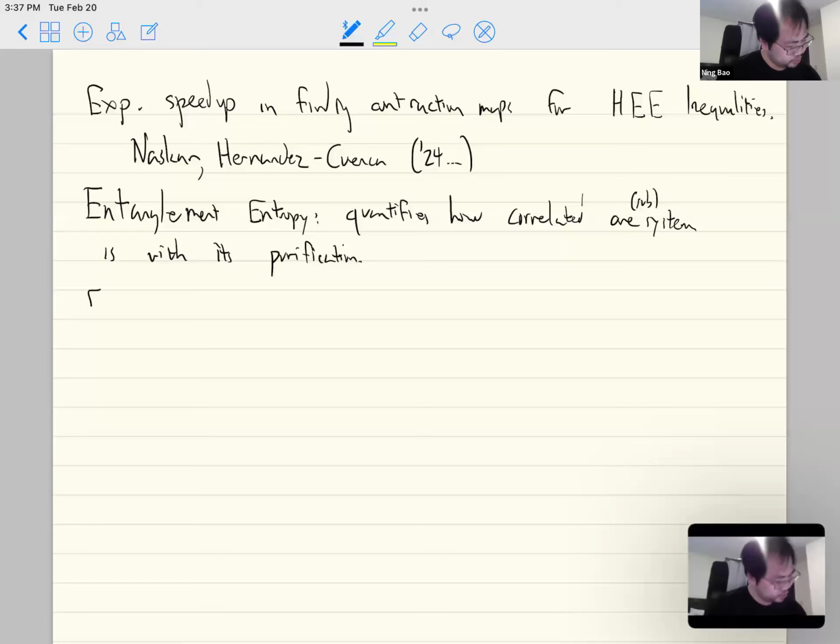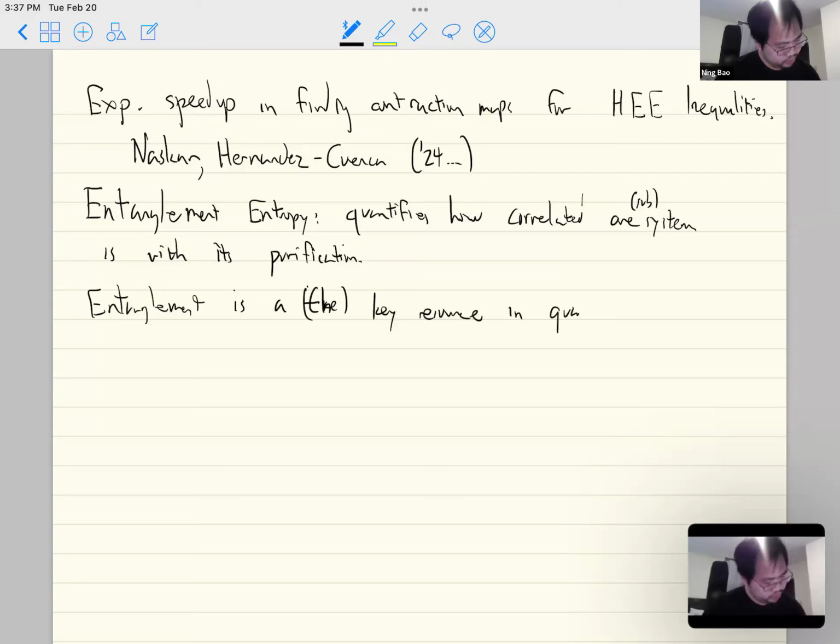The reason why it matters is because entanglement is, and some would say the key resource in quantum information science or quantum computing. So quantifying how much entanglement you have is very important.